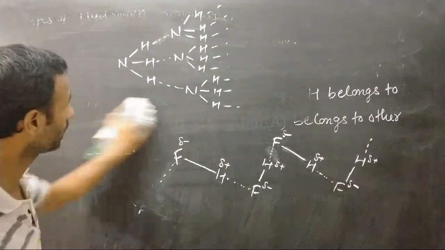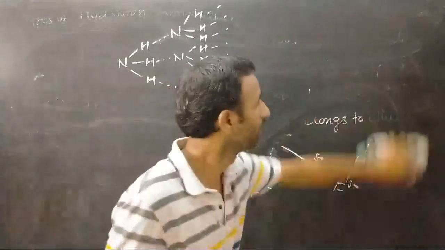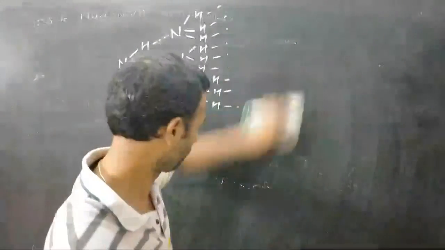So this is called intermolecular hydrogen bonding.